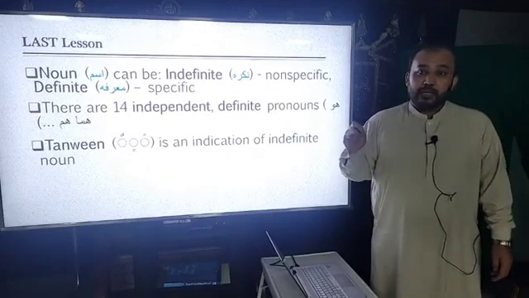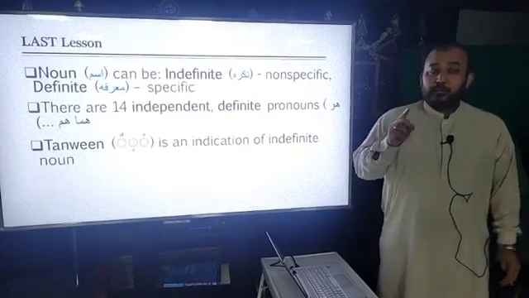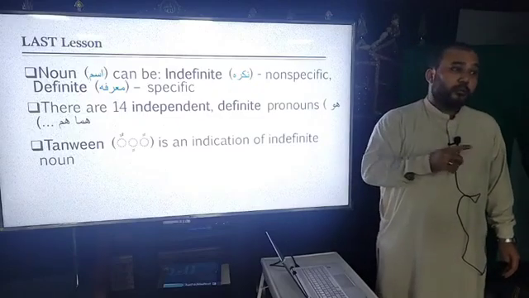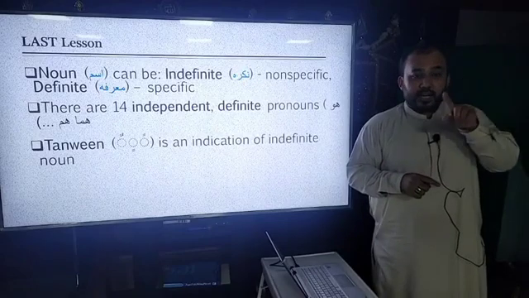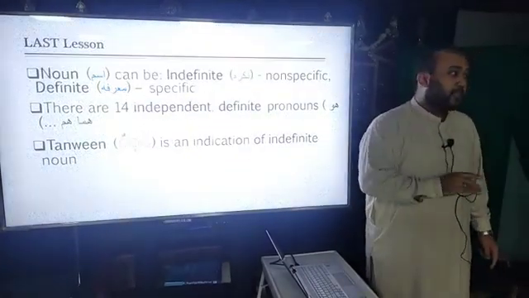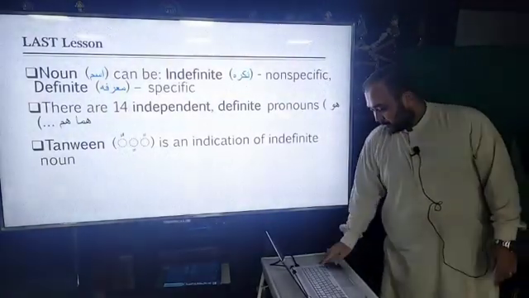For example, we looked at Rasulun. Rasulun has a double dhamma on top, so you translate that as a messenger. But if you have ar-Rasul, now the sign will change. It will be one dhamma and you will have alif lam at the front, so you will translate that as the messenger.